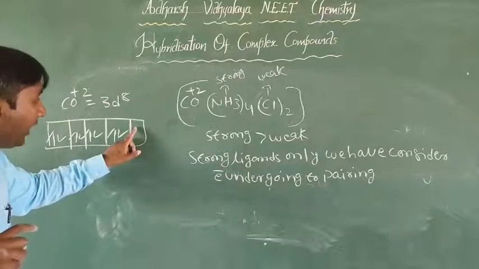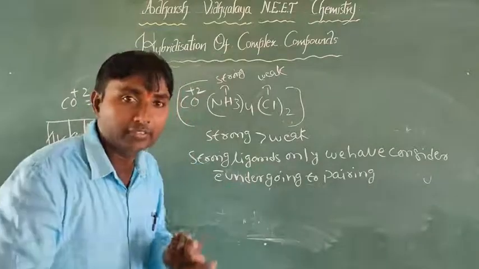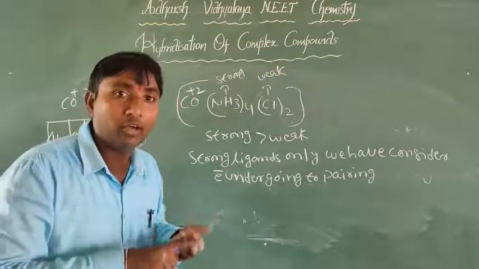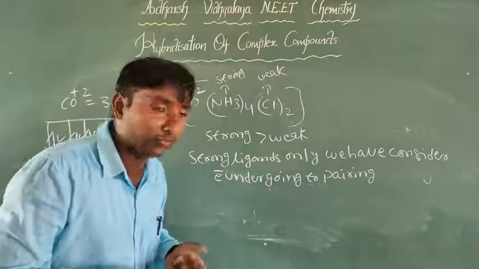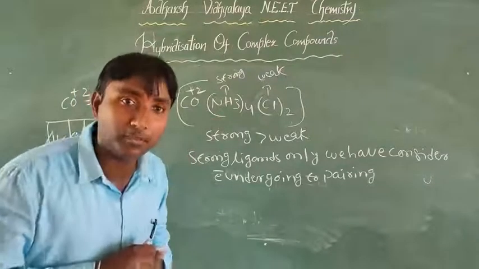But here, how many vacant orbitals are there in 3d? Only one vacant orbital. How many orbitals contribute to sp3? 1 s and 3 p orbitals, 4 orbitals, 4s and 4p. 4 orbitals means 8 electrons. The remaining 2 electrons are taken from 4d.